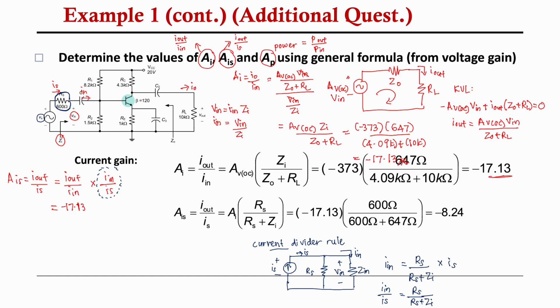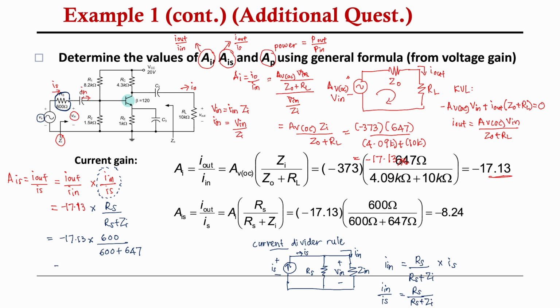So multiply negative 17.13 with Rs, which is the value of 600, over 600 plus input impedance, what is the input impedance earlier? 647.